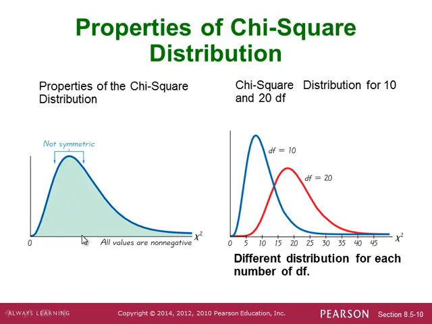The random variable is never going to be negative, always 0 or positive. The peak is going to be directly over the number of degrees of freedom. The larger the degrees of freedom, the further to the right the peak is, and the shorter the peak is, the more spread out the distribution is going to be.